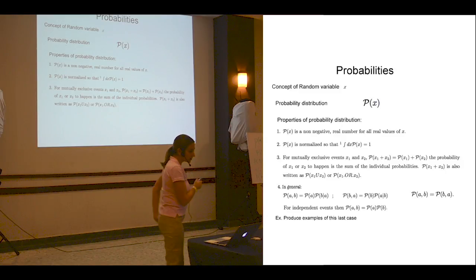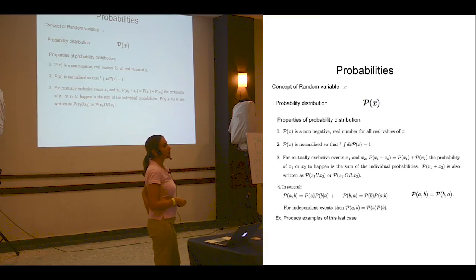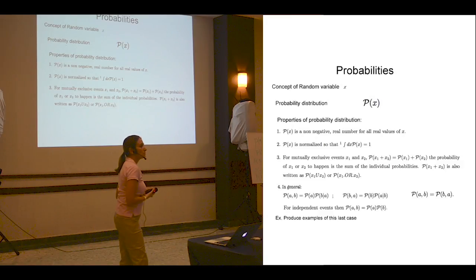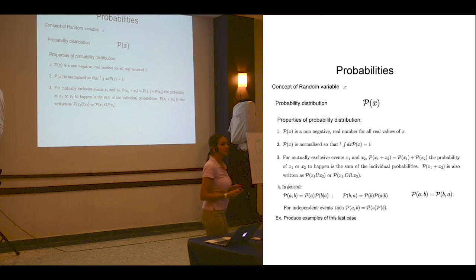So what could be some random variable associated with a probability distribution if you are given some cosmological data? Can you think of examples? Right. For example, you have your matter distribution.